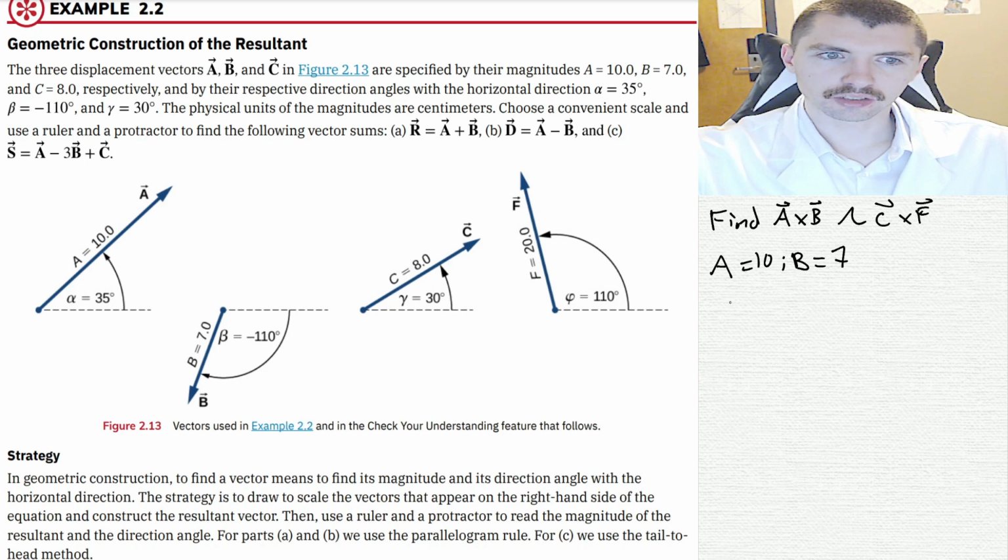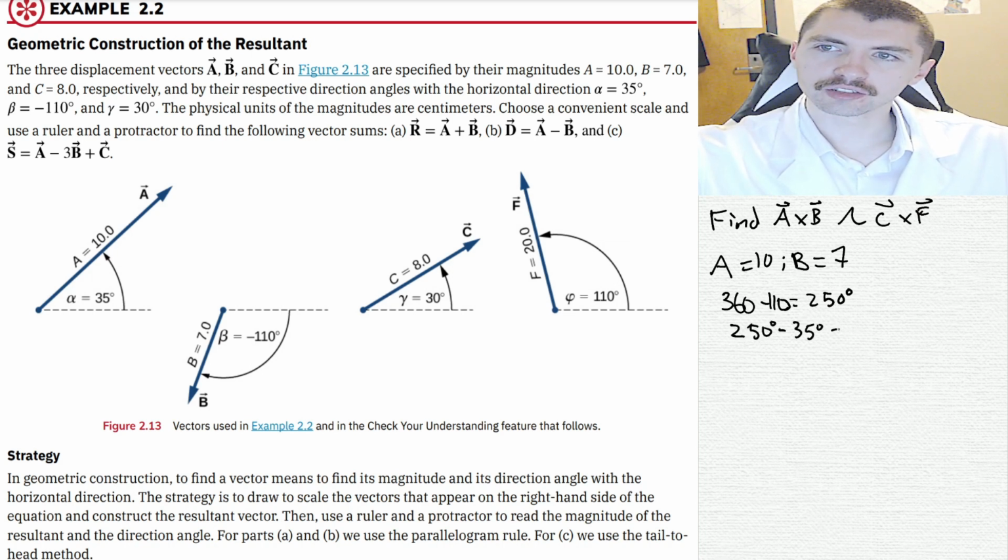B is measured at 250 degrees, so it must be 250 degrees minus 35 degrees.